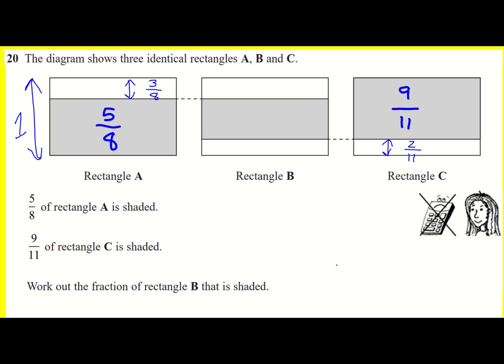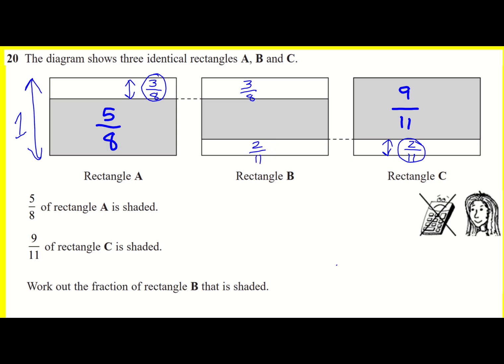Now the question says work out the fraction of rectangle B that is shaded. So I know from here that this portion here must be 3/8. And I know from this diagram here that this part must be 2/11.